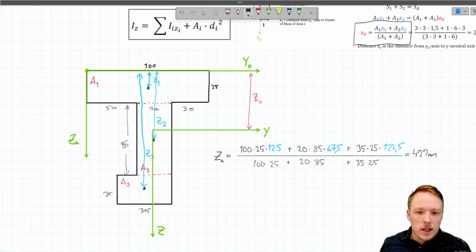I will not calculate it openly here, but with this information you should be capable of calculating it yourselves.